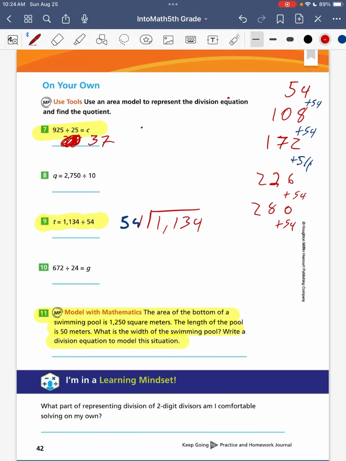It may take a while, but this is a quick way of going about this. Plus 54, 4, 13, plus 1, 334, plus another 54, 8, 8, 388, and so forth.